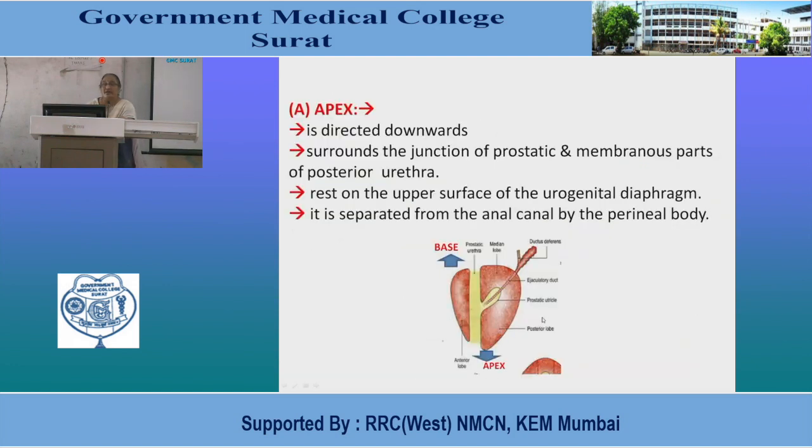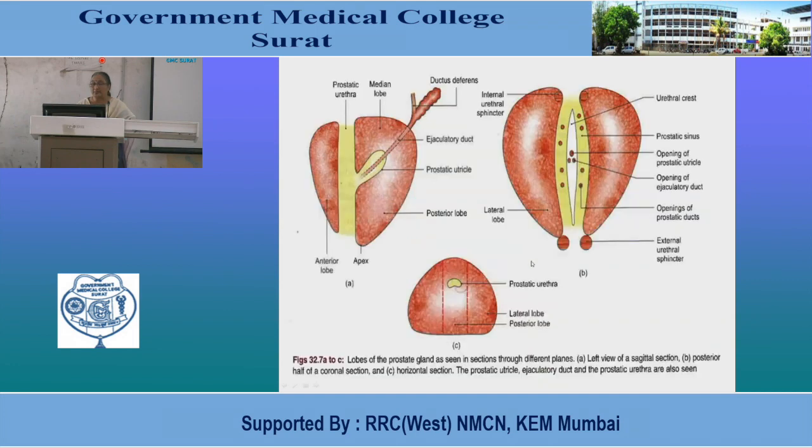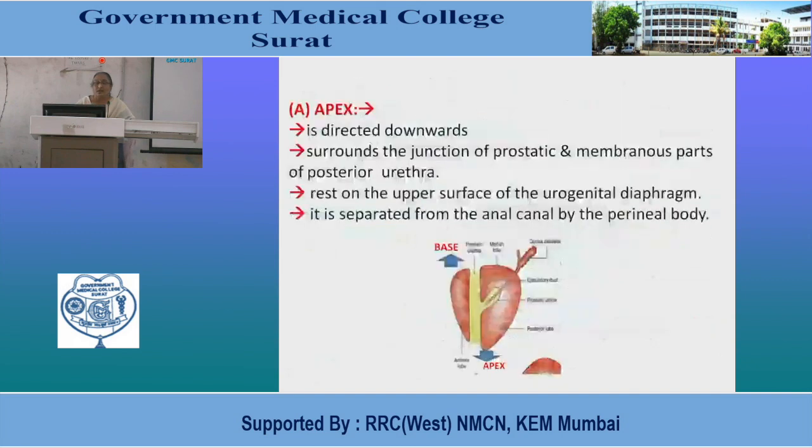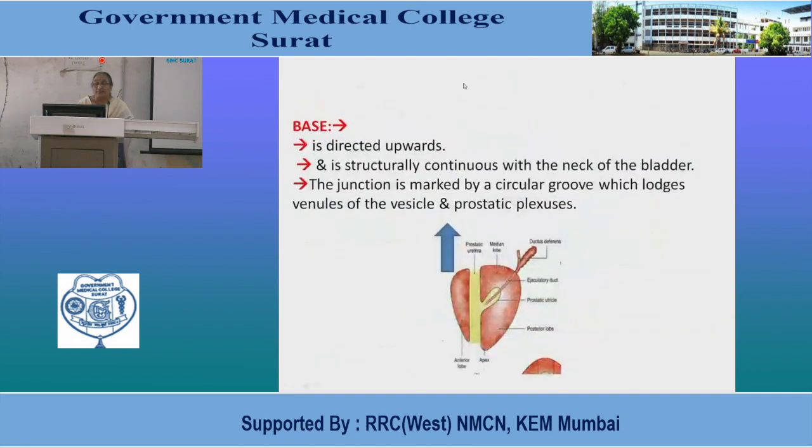Now moving one by one. Apex of the prostate is directed downward, surrounds the junction of the prostatic and the membranous part of the urethra, posterior urethra, rests on the upper surface of the diaphragm, separated from the anal canal by the perineal body. Now here, the base.